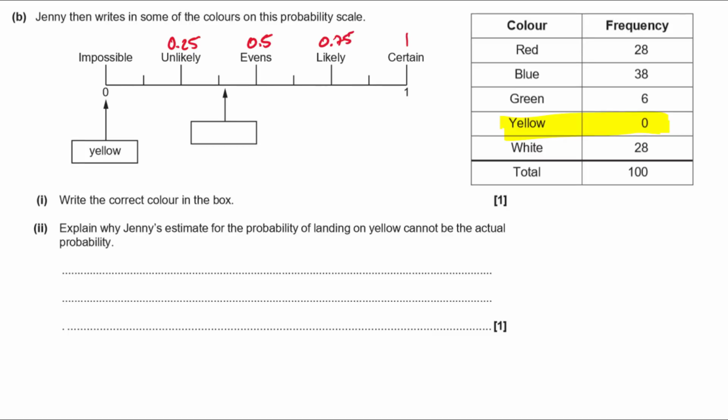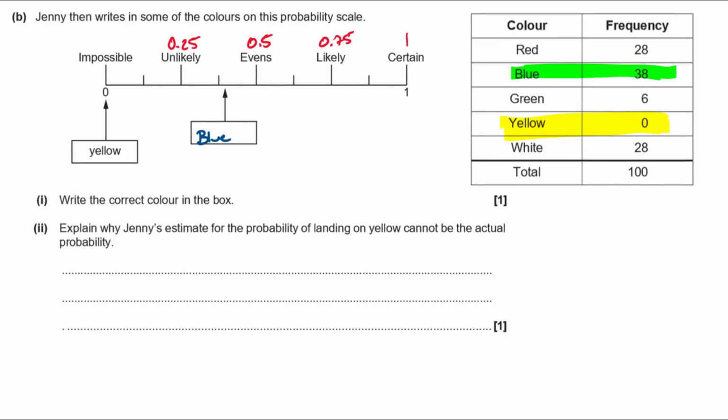This arrow is pointing somewhere between 0.25 and 0.5, and it's closer to 0.5. Halfway between 0.25 and 0.5 is about 0.37, so I'm guessing that must be the blue one. The other three, the red, the green and the white, are going to be just a little bit above 0.25, not all the way up here. So this one I think is going to be the blue one.